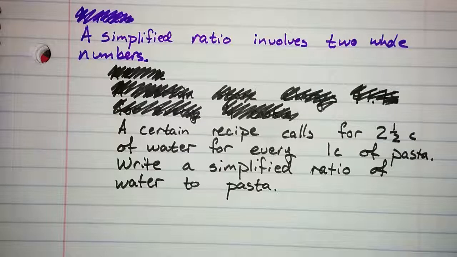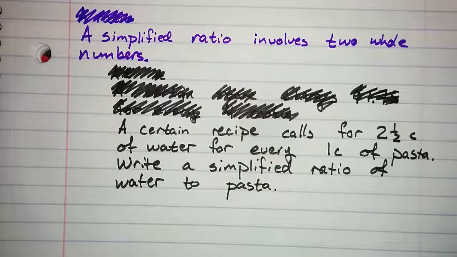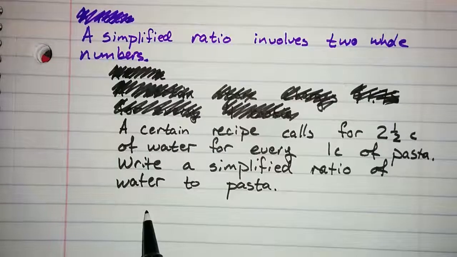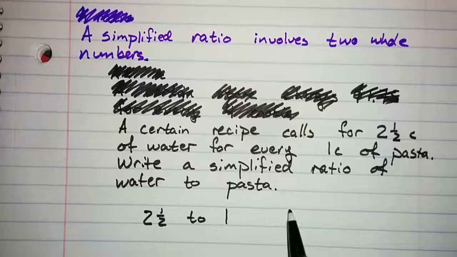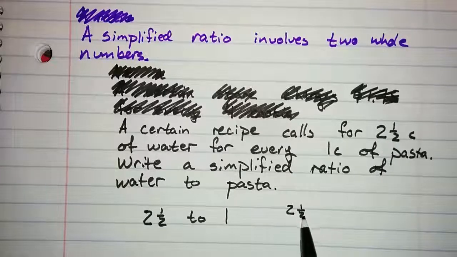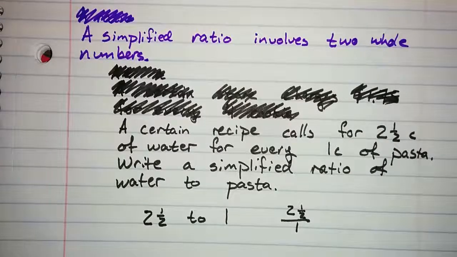If I told you a certain recipe calls for 2½ cups of water for every 1 cup of pasta, and asked you to write a simplified ratio of water to pasta, well, the original ratio would be water, 2½ to 1 cup of pasta. So in fraction notation, that would be 2½ over 1.